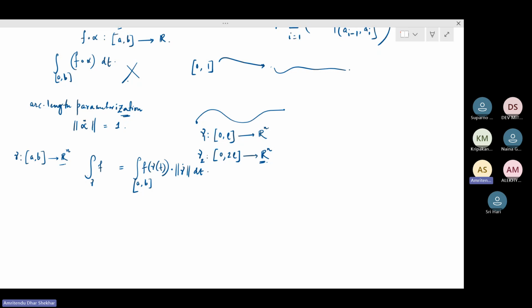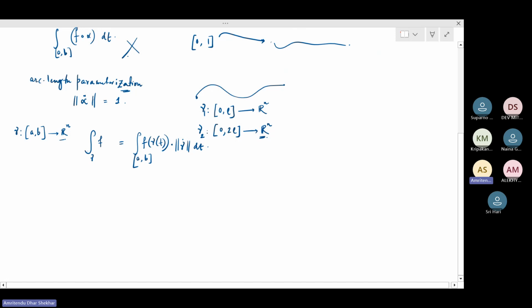Now, why is this independent of the choice of parameterization? So let's say you used a different parameterization, where I write my t as a function of some other variable s. So then what would this be? You're doing a change of variable of this integral.